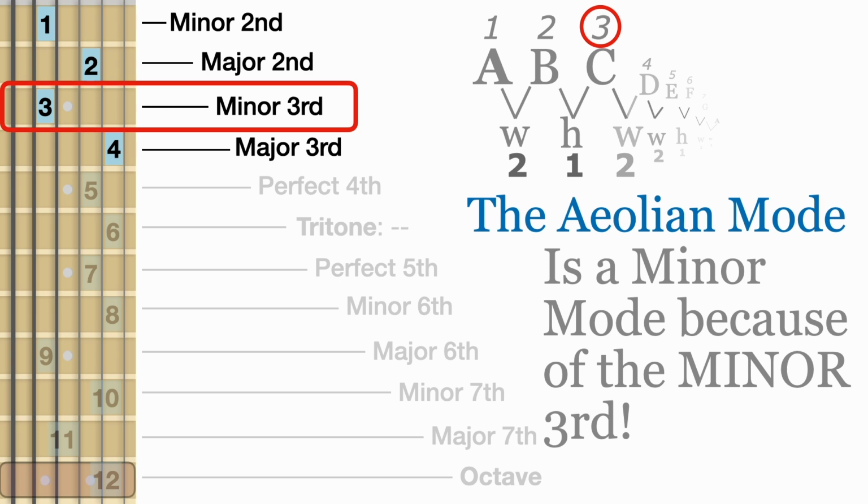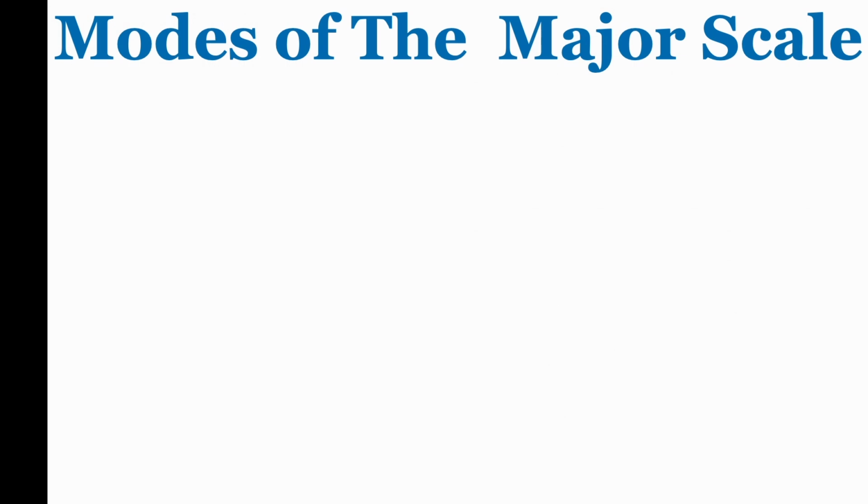Okay? Now, we spoke about the modes of the major scale. We're calling everything the modes of the major scale. Why do we say of the major scale? Because we construct all of our modes from the major scale. We start with our major scale, just like we showed with the C major, and we constructed the A minor by starting on the sixth degree.